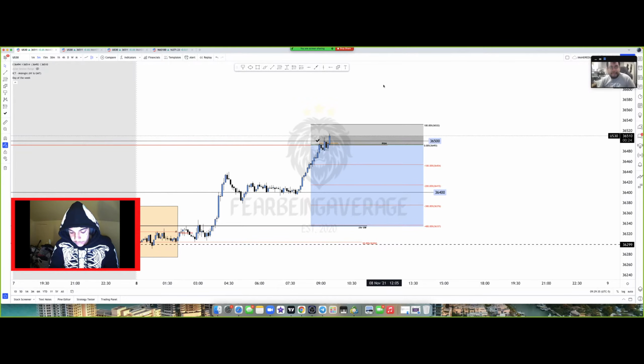We're going to see how this candle closes. Because if it closes this bullish, next candle will have to be a really big engulfing. We got 13 seconds.